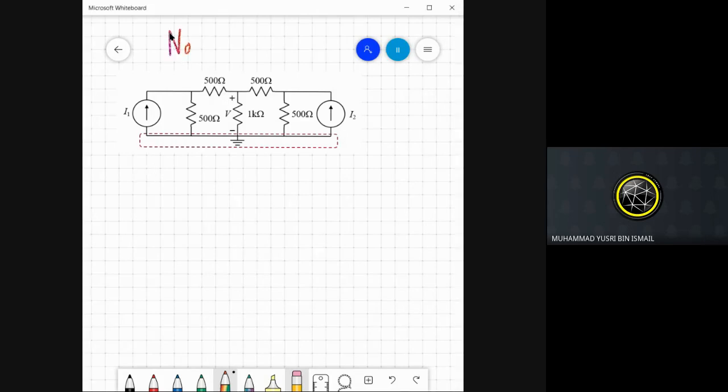Before I proceed with this topic, I want to remind you that your midterm exam will be next week on Wednesday, 25 November 2020.